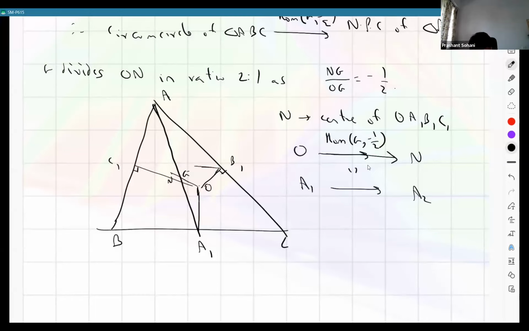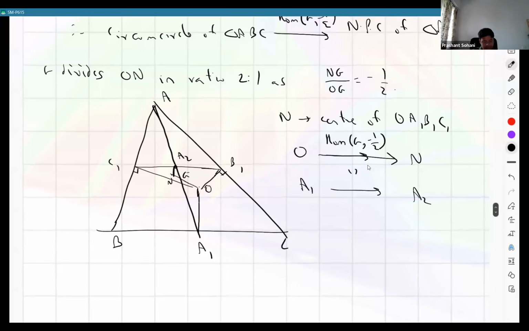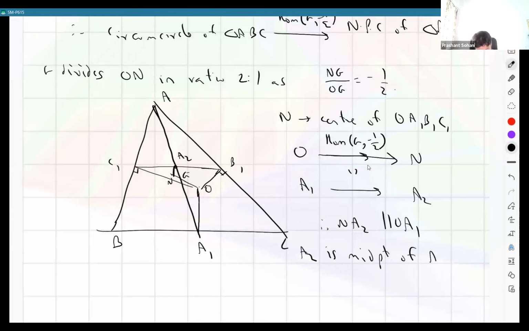A2 is the midpoint of B1C1, or it is the midpoint of the median. Both are the same, right? So therefore, what I'm going to observe is that NA2 is parallel to OA1, correct? And A2 is the midpoint of AA1.